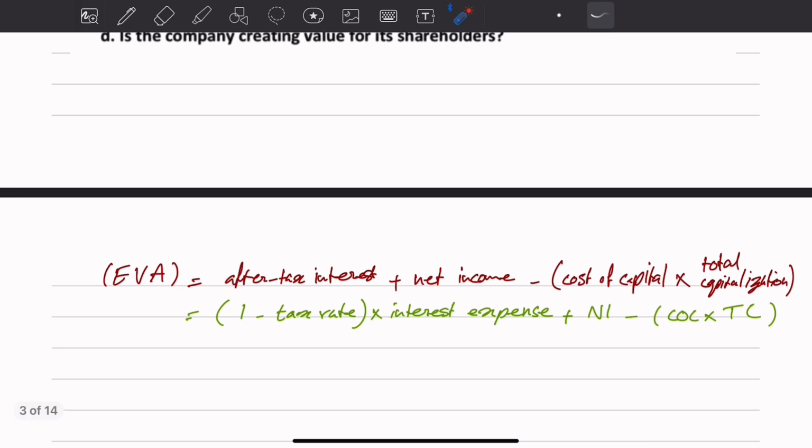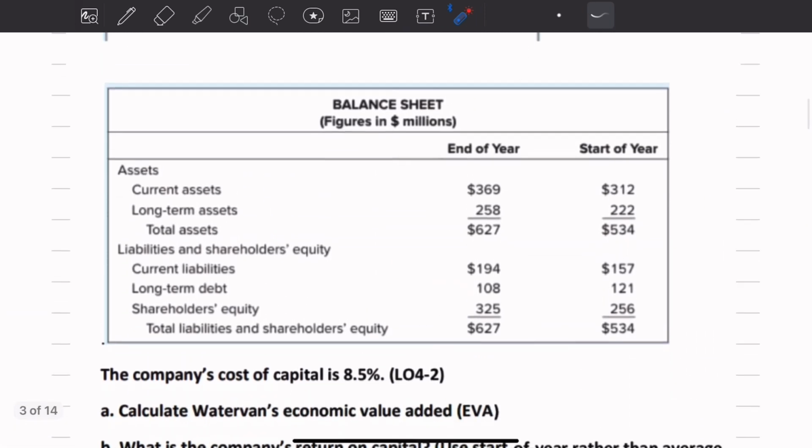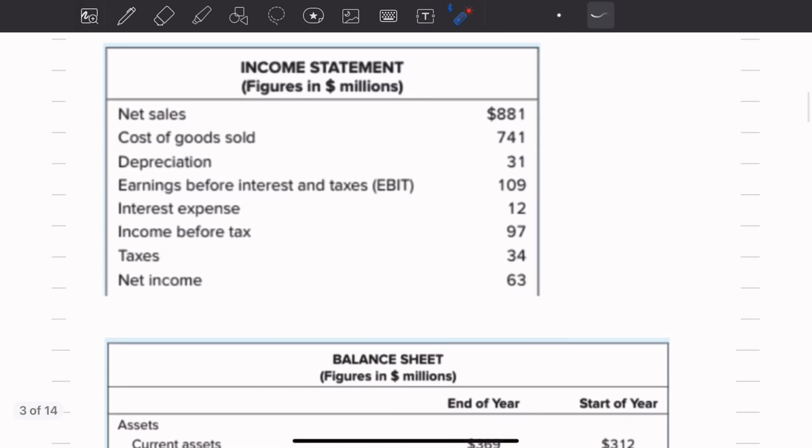First of all, we go up to the income statement and find our interest expense figure. The interest expense is 12, and it says these numbers are in millions, so this is 12 million. We are not given the tax rate, but we can figure it out.